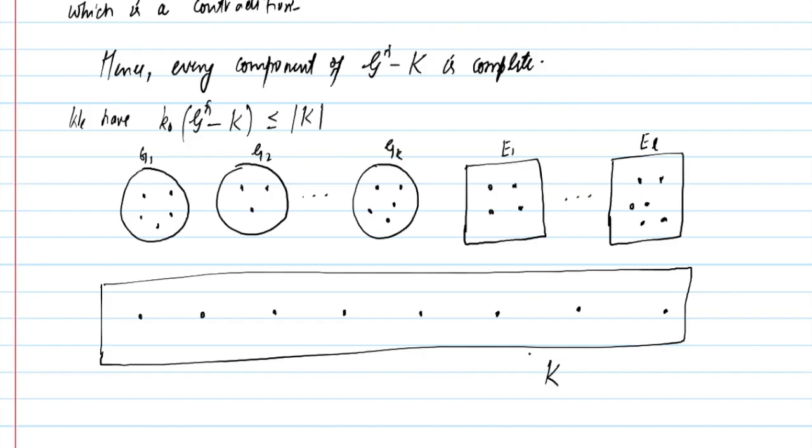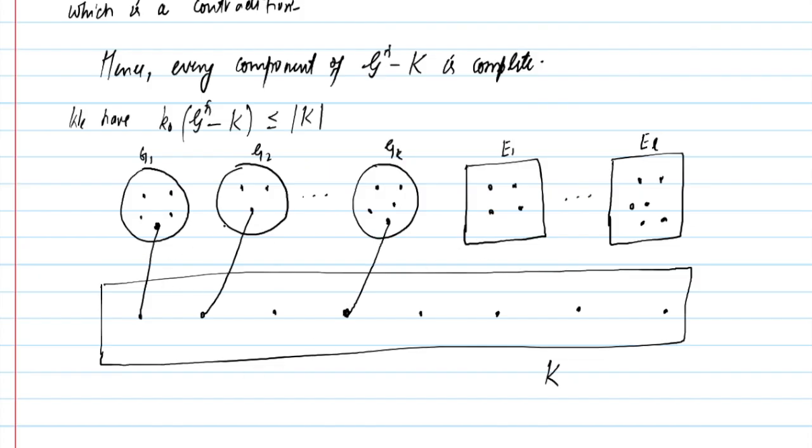Now when we remove K from the whole graph G, G1, G2, Gk become distinct odd components of G star minus K. That means for every Gi, there must be a vertex in Gi that is adjacent to some vertex of K. Similarly, from the second odd component there must be a vertex in G2 that is adjacent to K, and this happens for all the odd components.